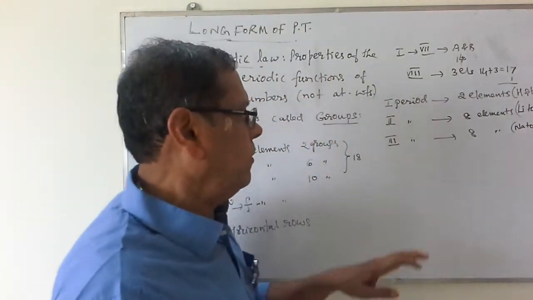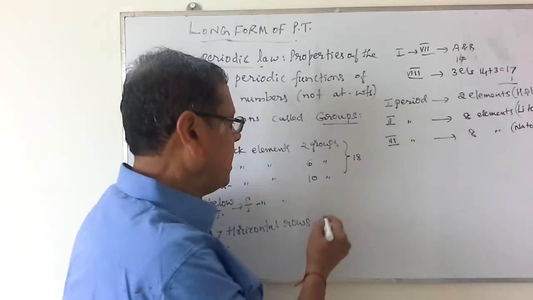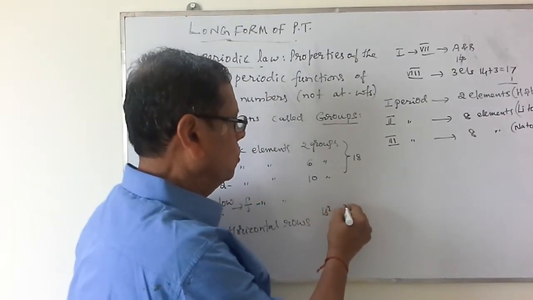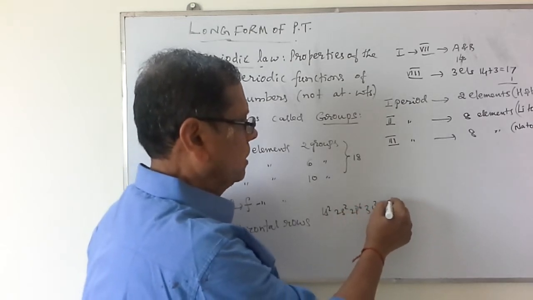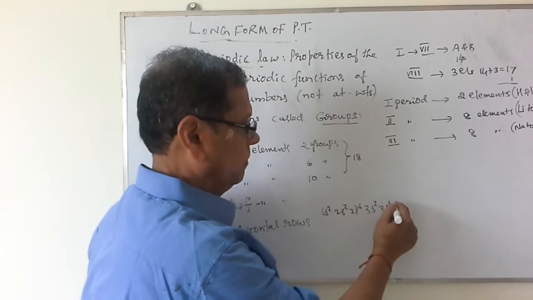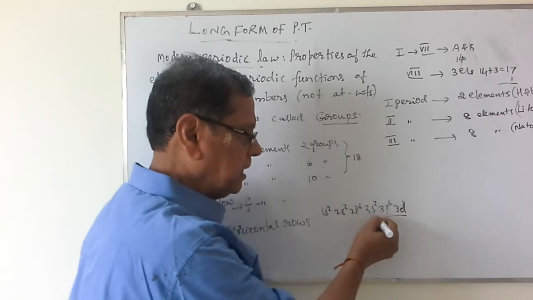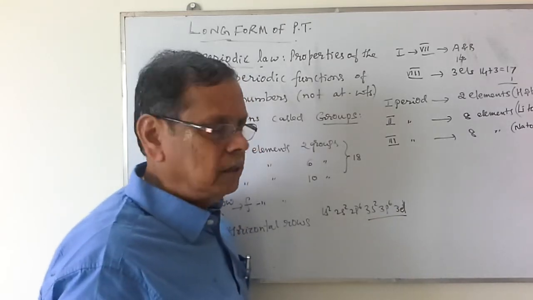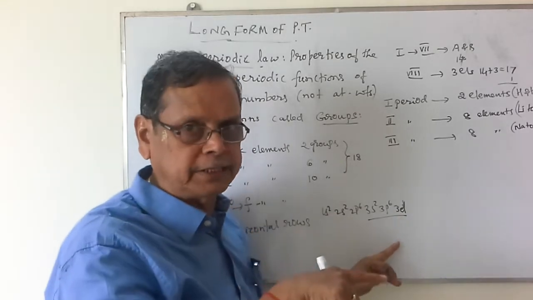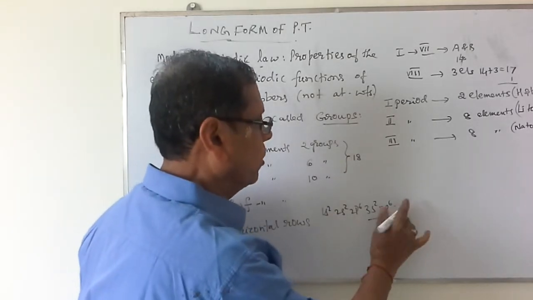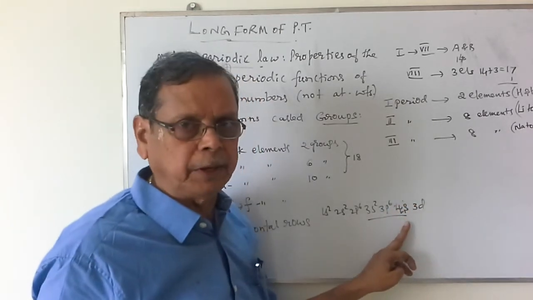We may have one question here. In the third period, actually we are having 1s2, 2s2, 2p6, 3s2, 3p6, 3d. Even though this d orbital is present in the third orbit, the electron in the 3d will be filled only after the 4s. That is, after writing 4s, we will write 3d. This we have already discussed in the atomic structure chapter.